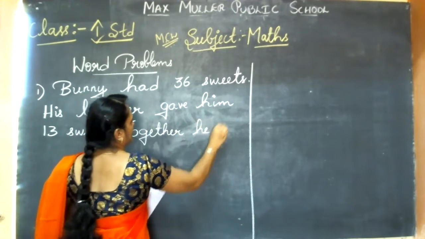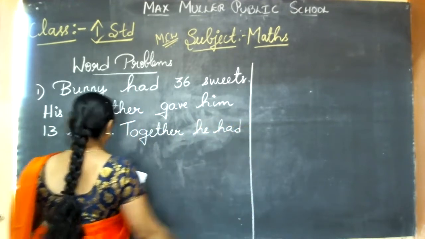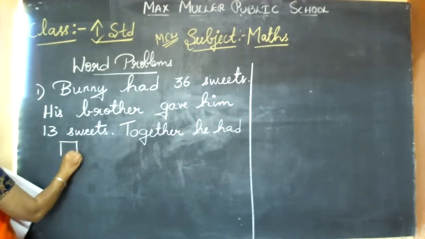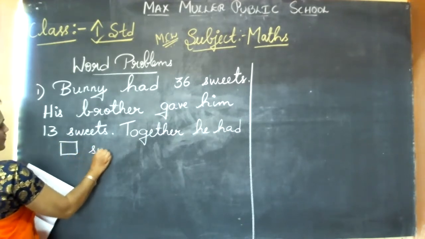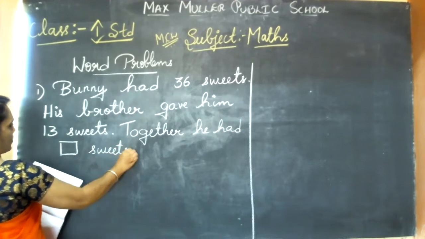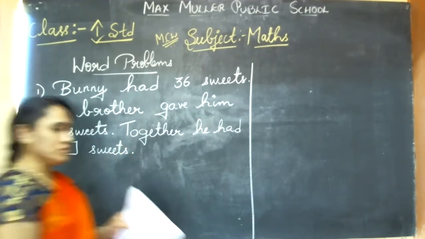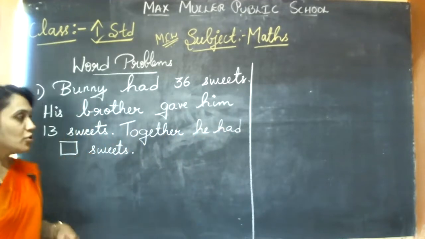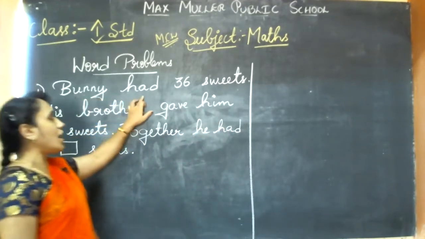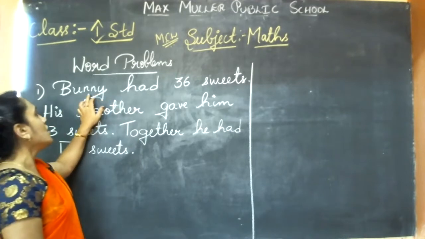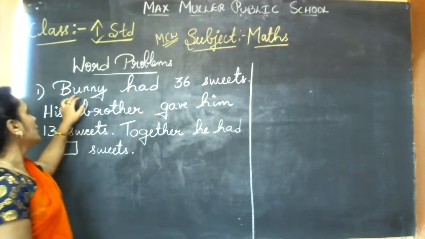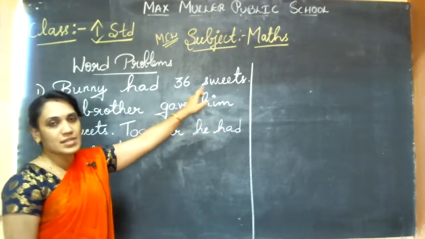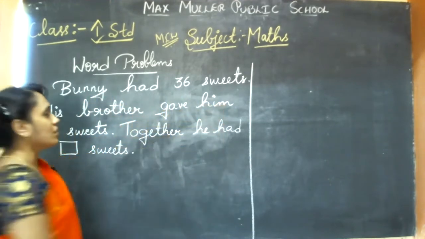Together, he had dash sweets. So, word problems. Bunny had. Okay. Bunny is the name of a child. Bunny had 36 sweets. How many sweets is he having?